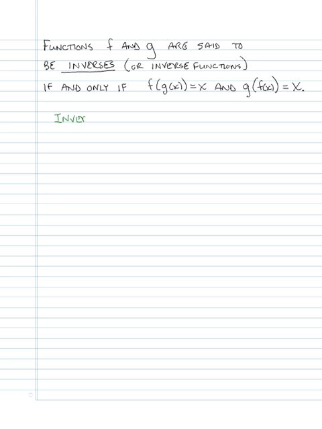So let me write down inverse functions, generally. Well, one of the things we know about inverse functions is f of g of x is equal to x, and g of f of x is equal to x. That's the definition of two functions being inverses. So if we want to know whether they're inverses, this is what we check.